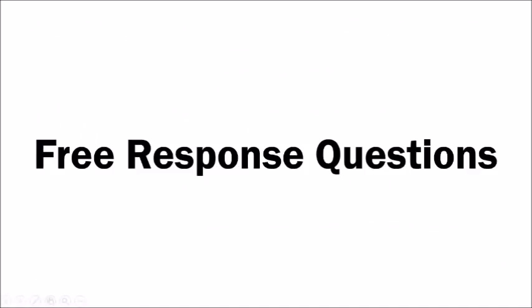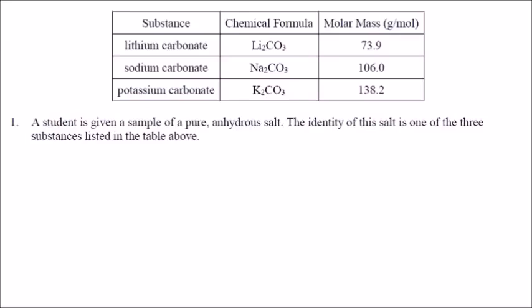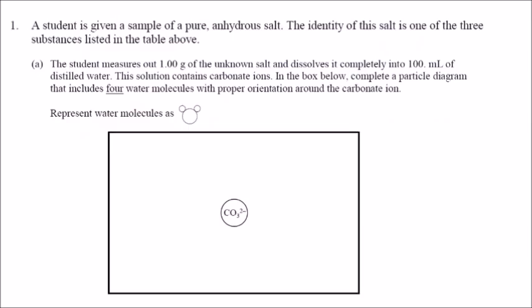And now on to the free response questions. Number 1, a student is given a sample of a pure anhydrous salt, which could be either lithium carbonate, sodium carbonate, or potassium carbonate. Part A, the student measures out 1 gram of the unknown salt and dissolves it into water.